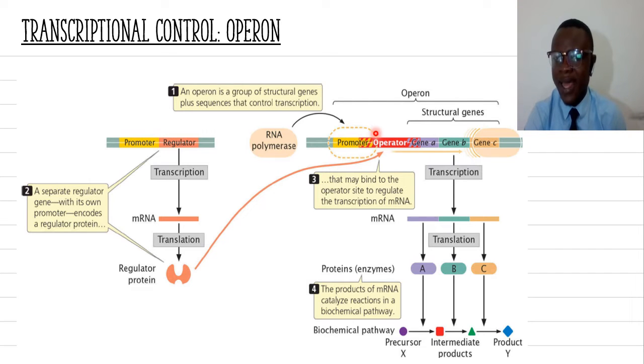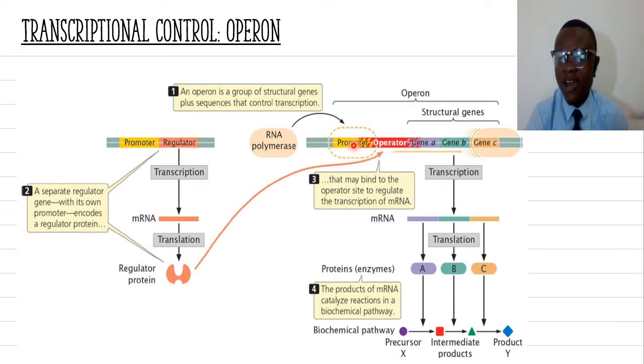Firstly, the operon has a single promoter, and then look here, there is an operator. And thirdly, you have gene A, gene B, and gene C. All of these components combined together constitute what we call an operon.